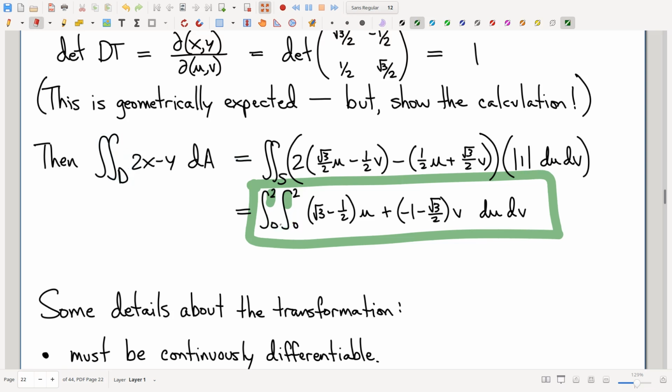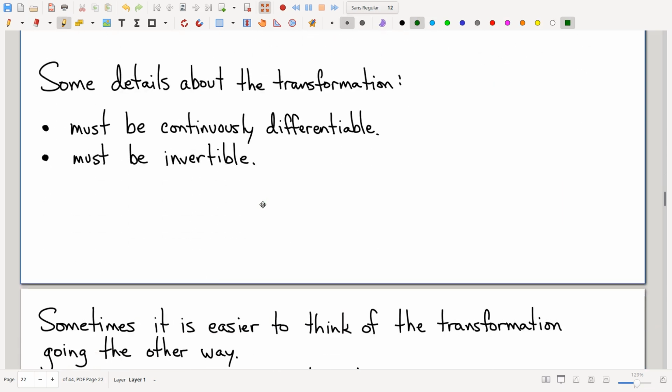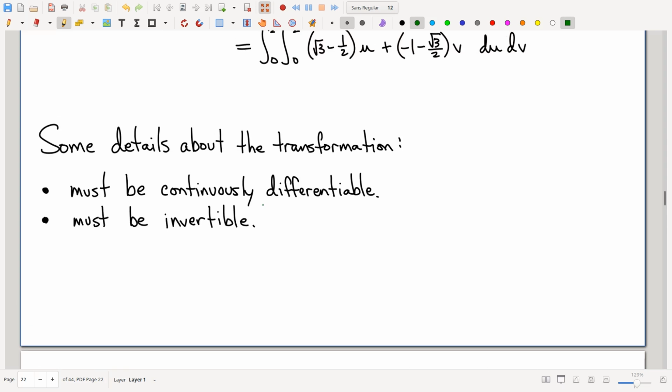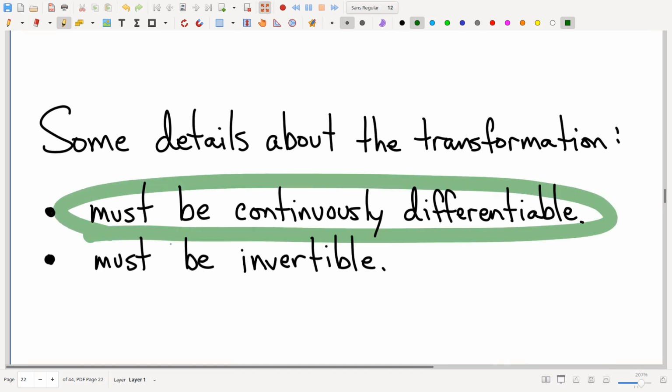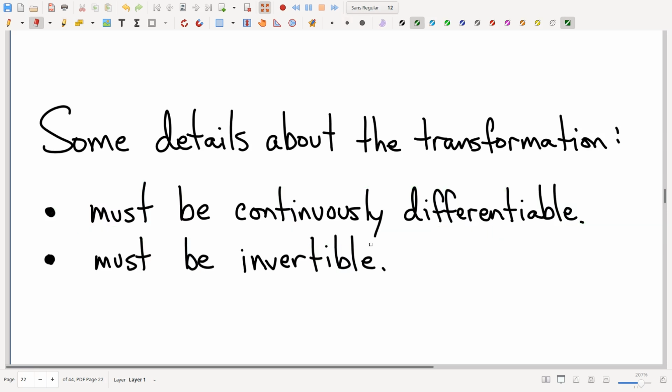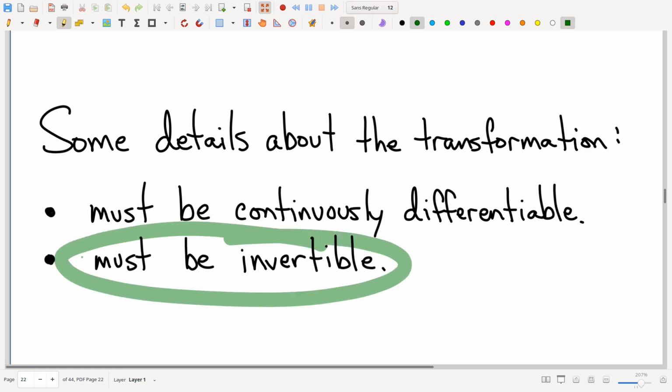A couple of little formalities have to get said in order for what I'm showing you to actually work. Technically, you need your change of variables function to be continuously differentiable. We're not going to encounter any situations where that's going to be remotely a problem. Then technically as well, and this is a little subtle one, it's got to be invertible.